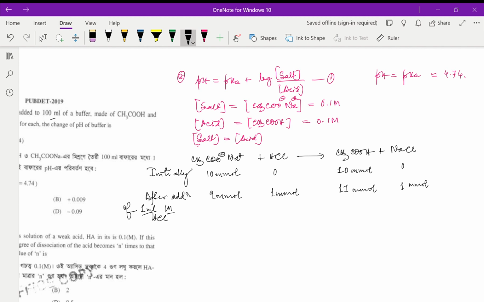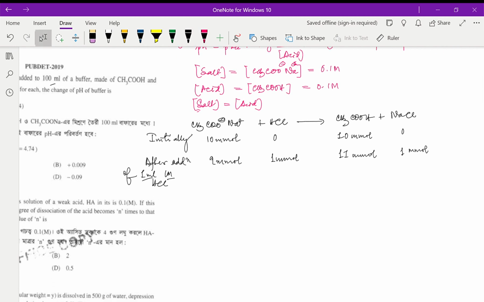All right. So now we got the amount of HCl reacting with this. We got the number of moles of the salt, the number of moles of the acid, and what is the total volume?